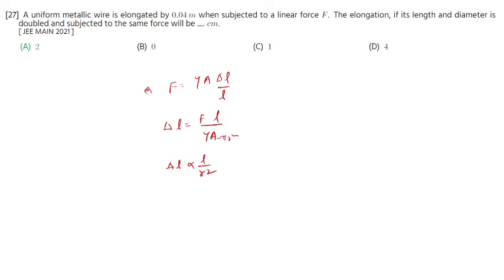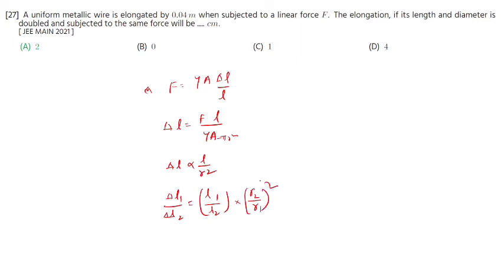So here what they are doing, the length they are doubling and even the diameter also they are doubling. So delta L1 divided by delta L2 will be equal to L1 by L2 into R2 by R1 whole square.